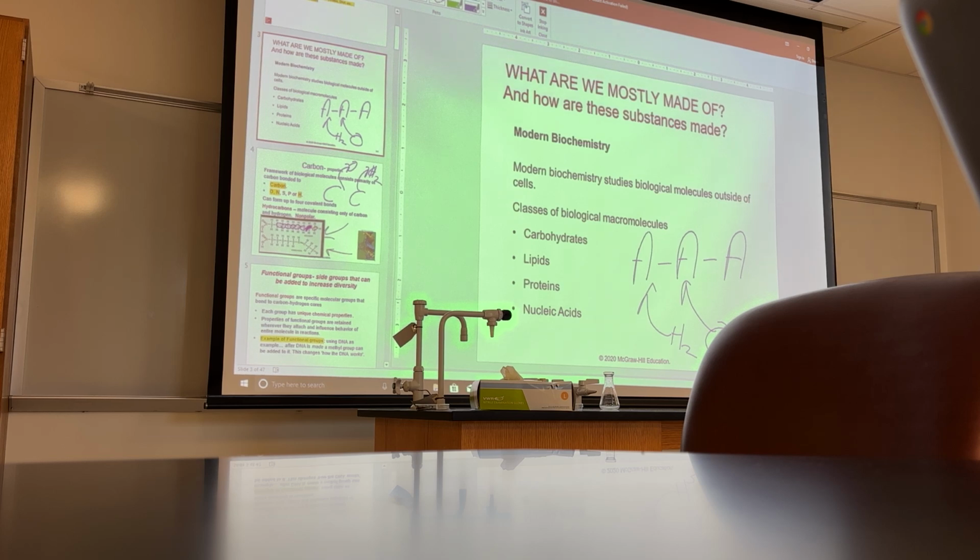Are you with me on that? So no matter what the large molecule is, whether it's a lipid or DNA or carbohydrate or protein, it's made by a dehydration step. So keep that in mind, a dehydration step.